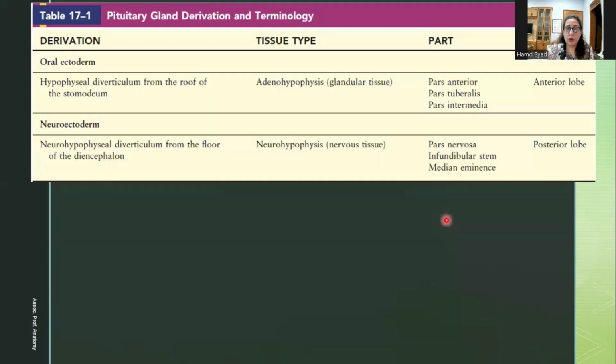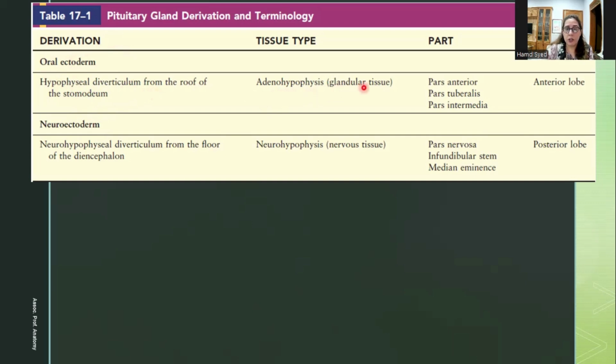Now, this is a very good table which summarizes the origin of the pituitary gland, because over here they have separately mentioned the oral ectoderm and the neuroectoderm, and which part of the pituitary gland these tissues of origin are going to form. The oral ectoderm, as I showed you, is the hypophyseal diverticulum from the roof of the stomodium, and this is going to form the part of the pituitary which is known as the adenohypophysis.